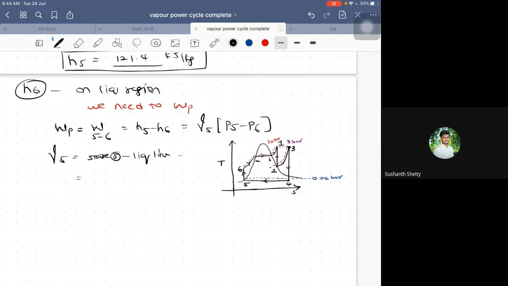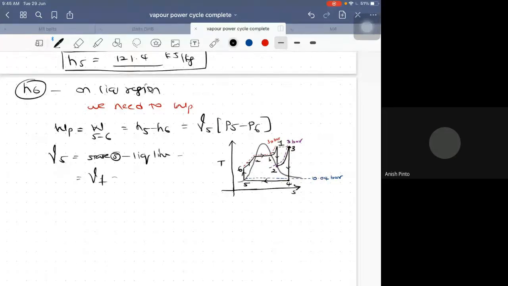Yes, now it is correct. What is V5? At state 5, which is on the liquid line, this is equal to the value of Vf at the pressure of state 5.